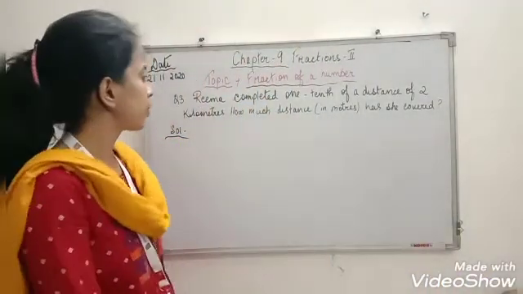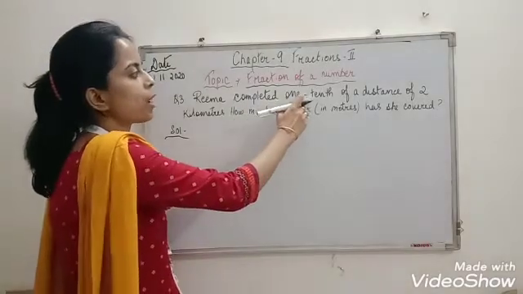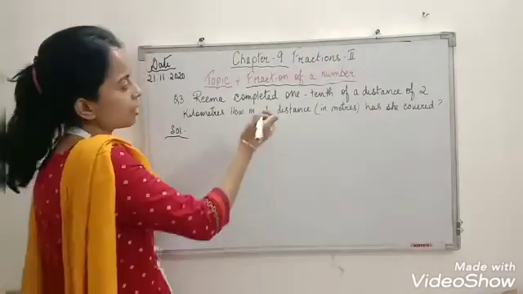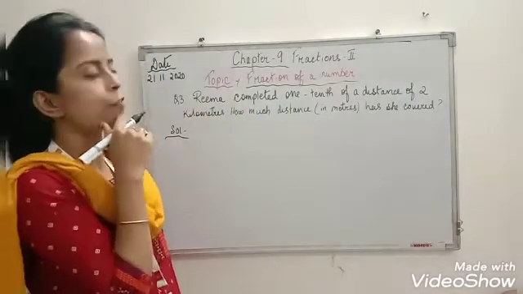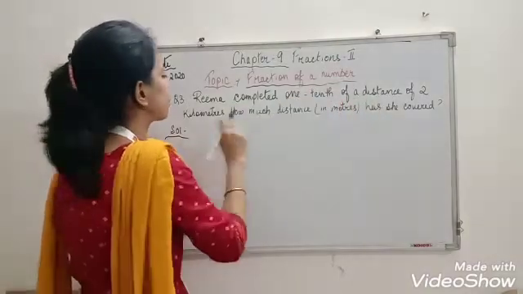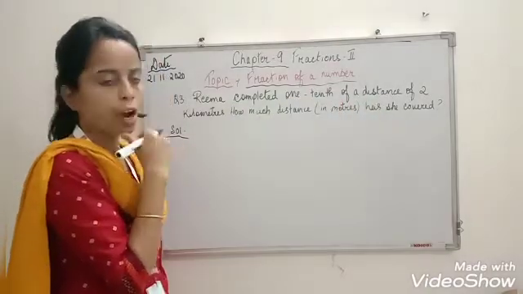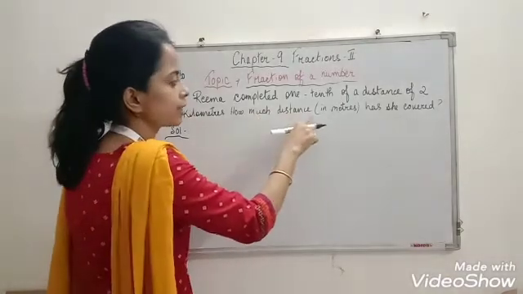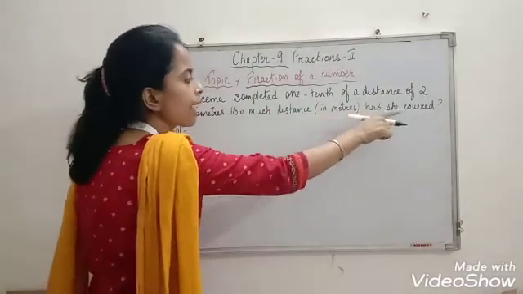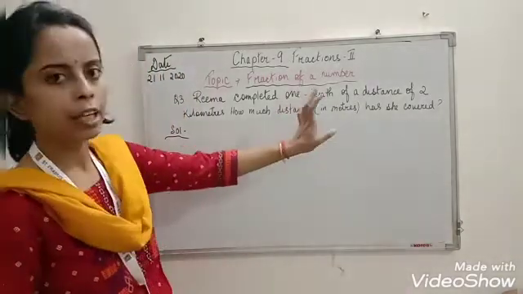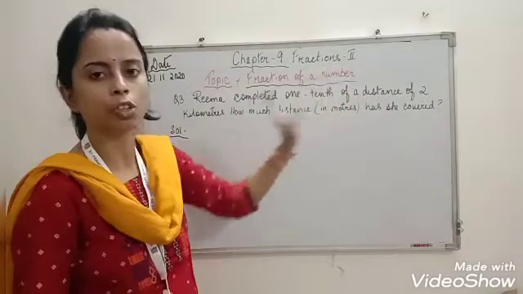Next question. Rima completed 1/10 of a distance of 2 kilometers. What fraction of a distance did Rima complete? 1/10 of a distance of 2 kilometers. Alright. Now the question is asking what? How much distance in meters has she covered? So Rima completed in fraction 1/10 of a distance of 2 kilometers.